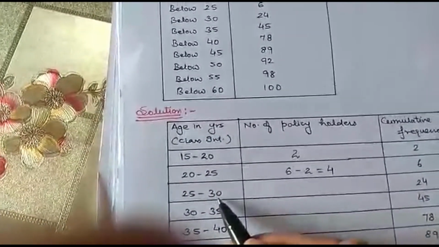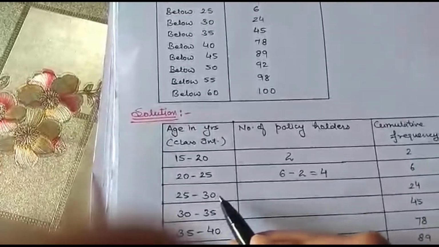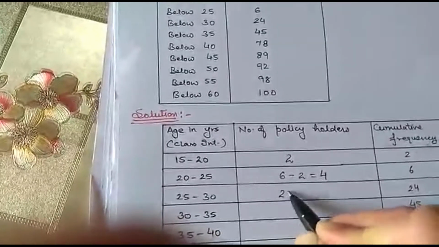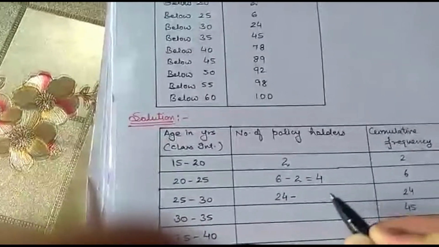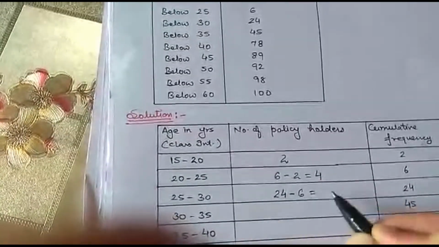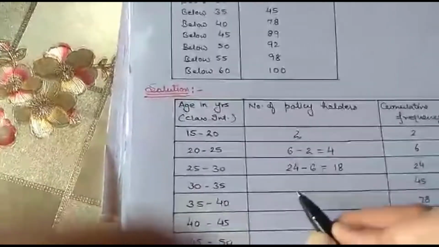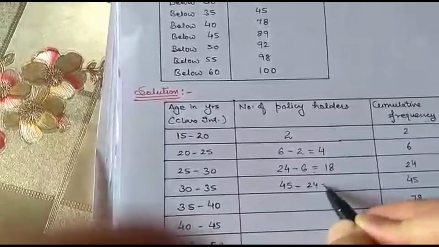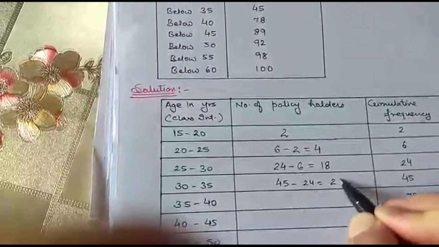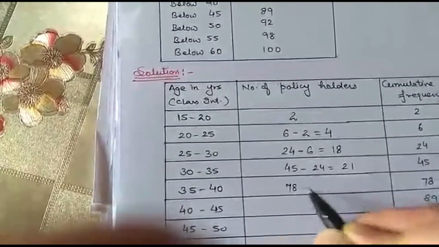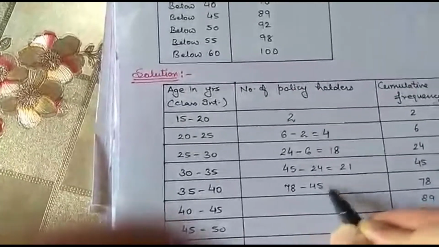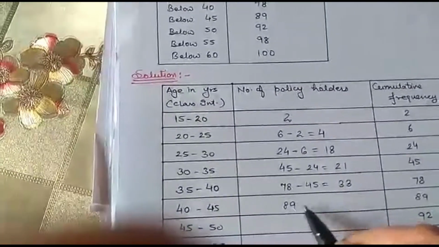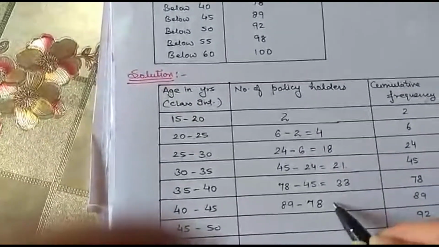Similarly, for below 30, we have to subtract the policy holders below 25. So 24 minus 6. So that is 18. Next is 45 minus 24. So that is 21. Next is 78 minus 45. So that is 33. Then 89 minus 78.